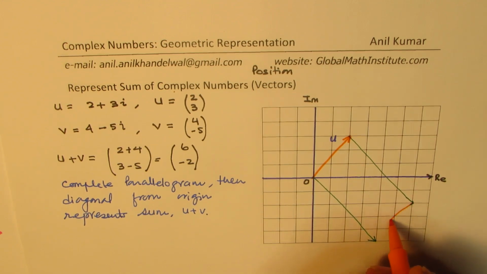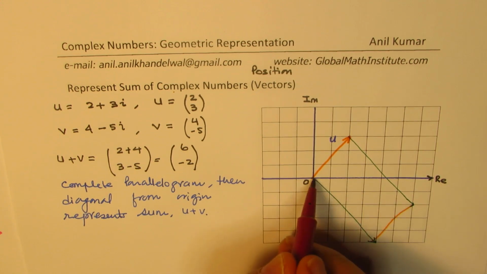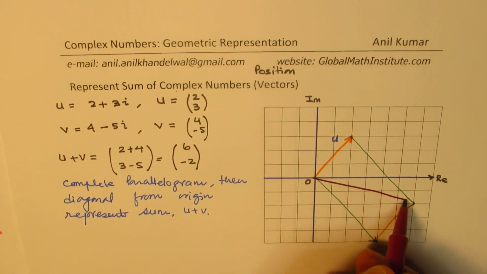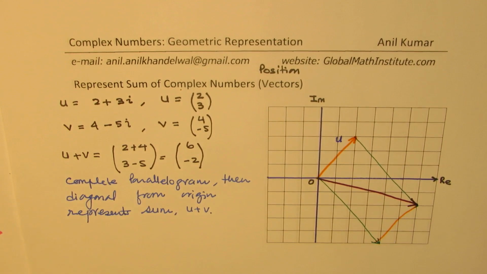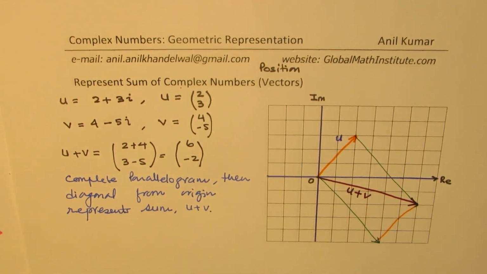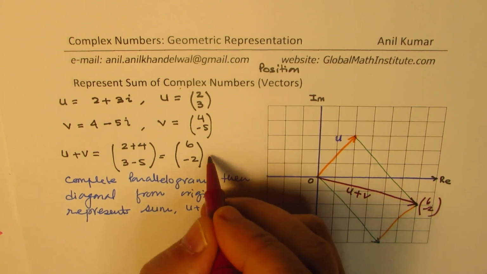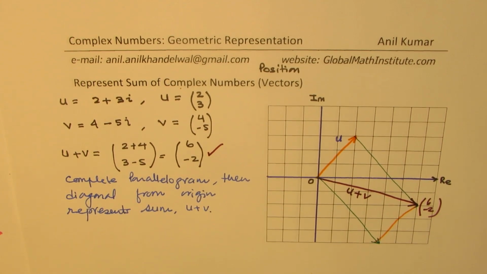So we know the opposite sides are now parallel, and the diagonal from the origin of this parallelogram represents the sum u plus v. Is that clear to you? You can clearly see that the result here is 6, minus 2, as expected. Perfect. So that is how you actually add complex numbers using vectors.